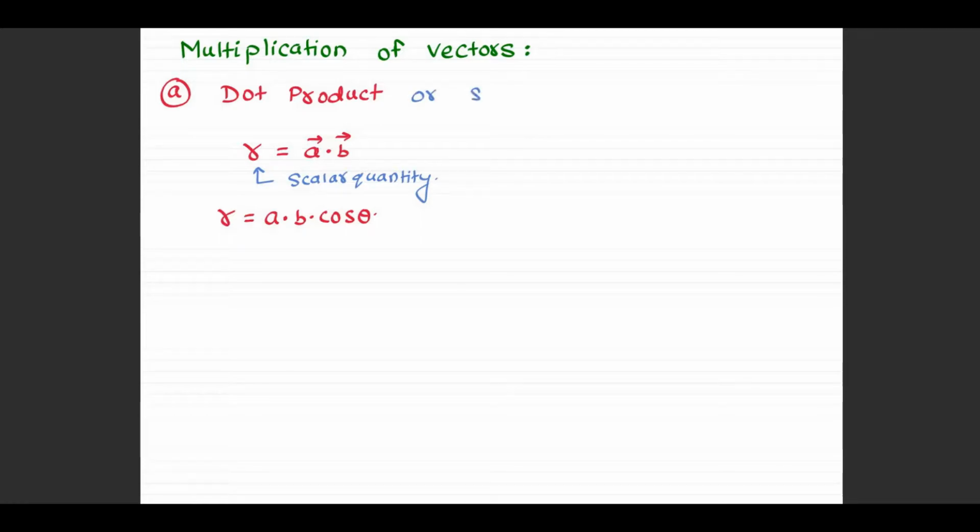Sometimes you will find dot product is also known as scalar product. So that means they are referring to the same thing. Please remember, theta is again the angle between A and B vector.